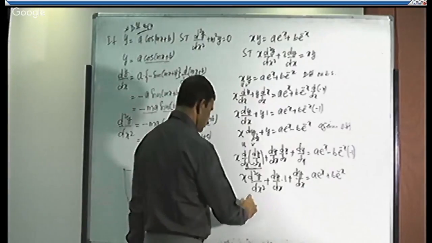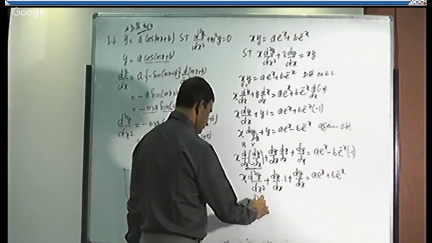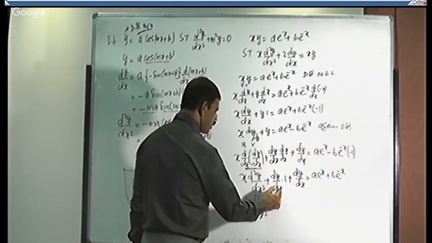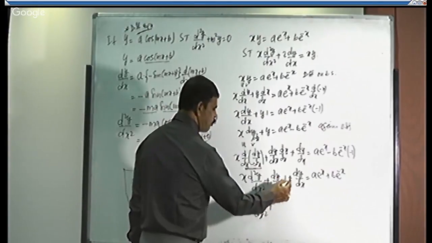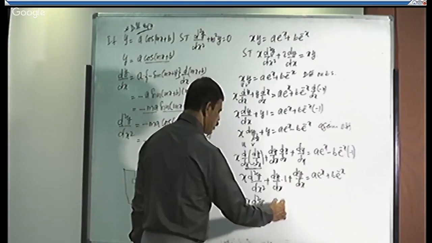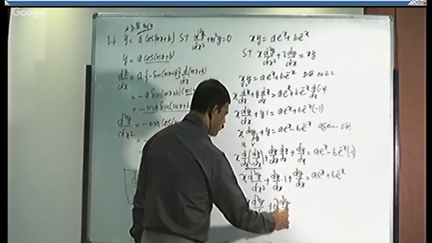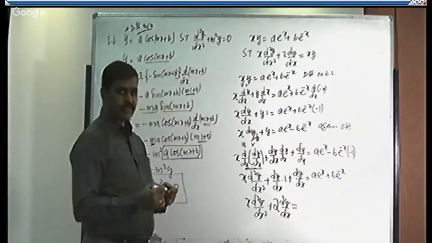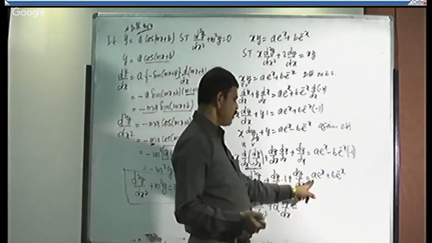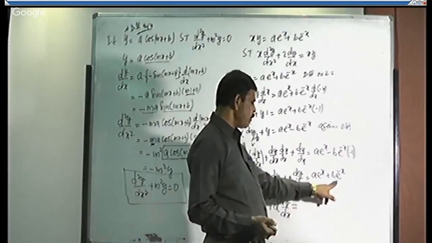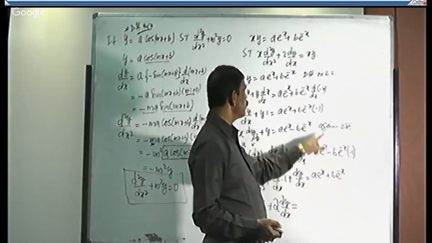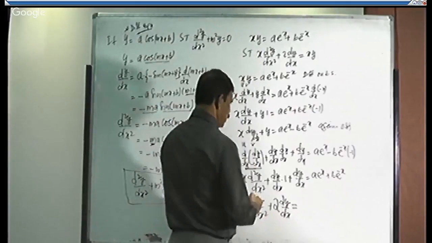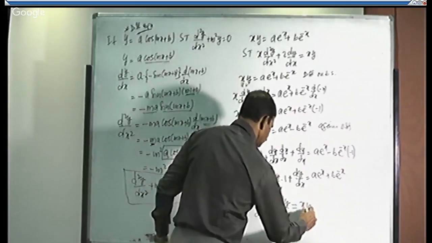I can take this as x d square y by dx square plus dy by dx into 1, plus dy by dx, that is 2 times dy by dx, is equal to, check the right hand side term. Right hand side term is what? a e power x plus b e power minus x. That is nothing but xy. Correct? It becomes xy.